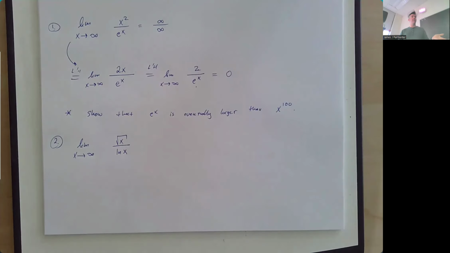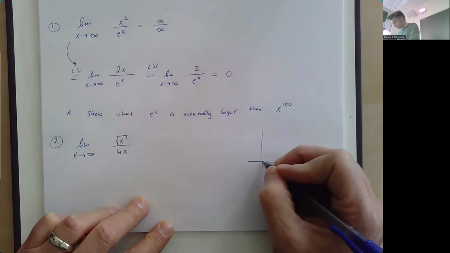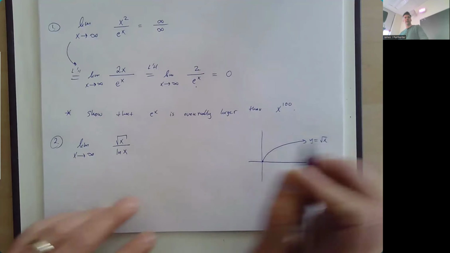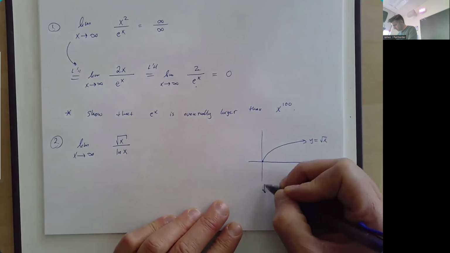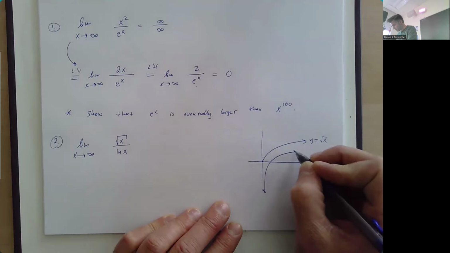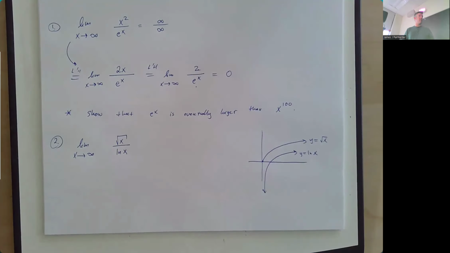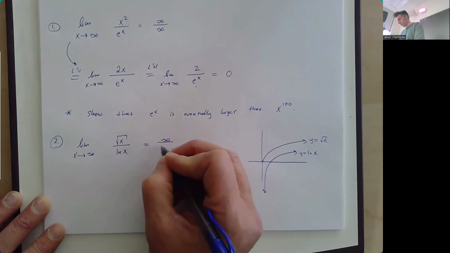Here, we definitely can. Square root of x looks like that. It's getting larger and larger as it goes further to the right. Natural log of x looks like this. It's getting larger and larger, albeit slowly, as we go further to the right. So we are definitely allowed to use L'Hopital's rule because it is an infinity over infinity type.